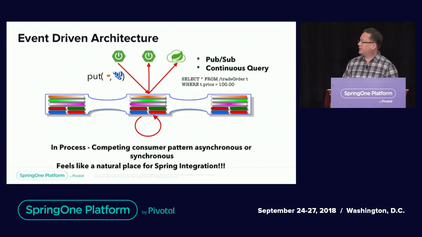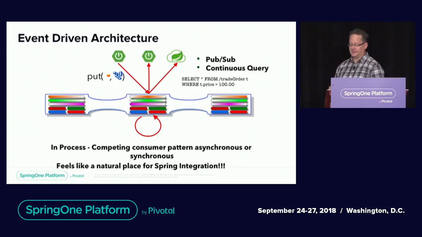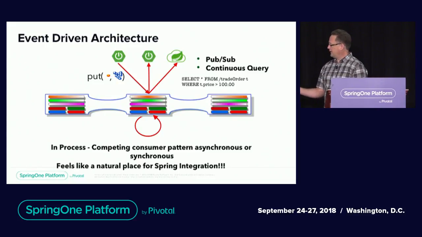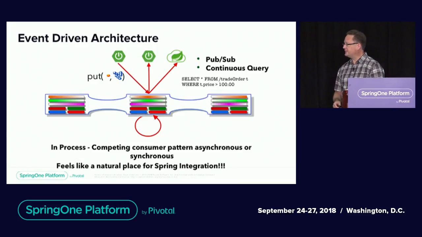The other thing you can get is that with any action where I did a put, I can get events out of it. It's change data capture, really simple, putting Geode in the middle of your event-driven architectures. This is what a query looks like inside Apache Geode.